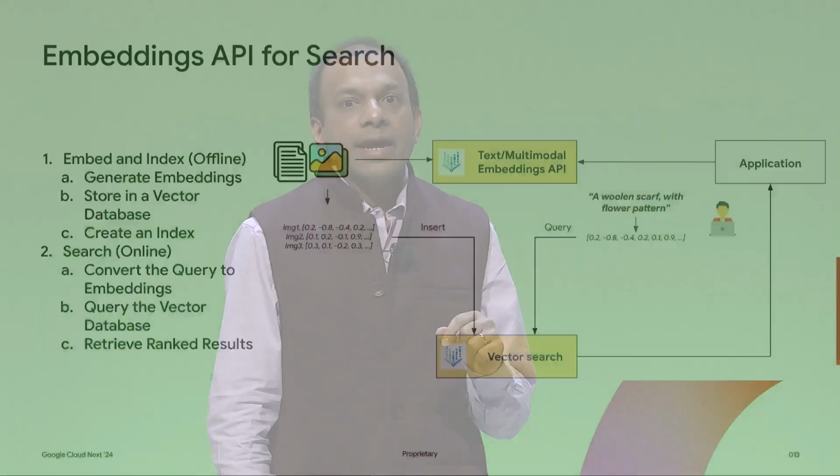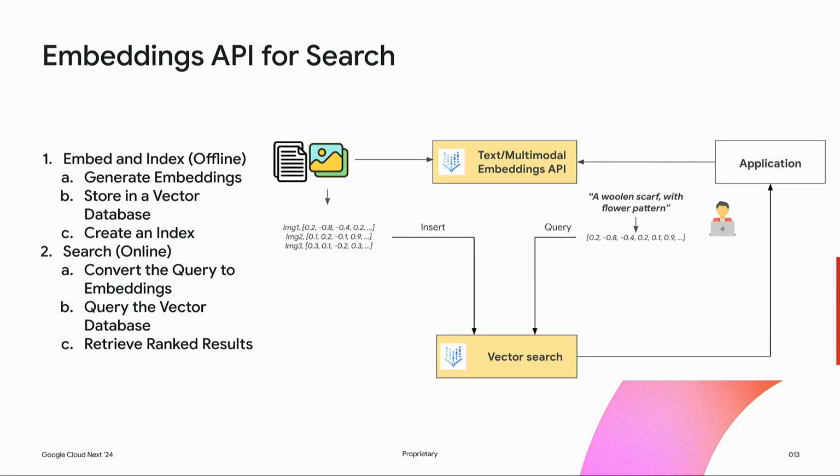I want to share a little bit more on the use cases that you can enable with embeddings and how you would do that. So this is a simple architecture, a two-step process on how to use embeddings for something like semantic search. The first step is you have all your data in some storage, and it could be Google Cloud Storage. Then you would use the embeddings API.